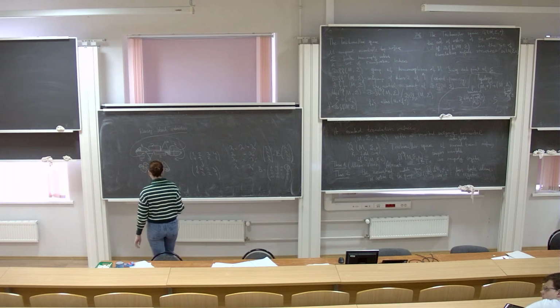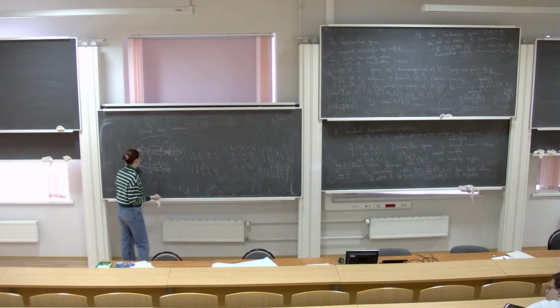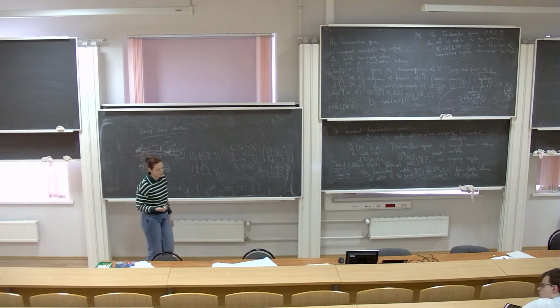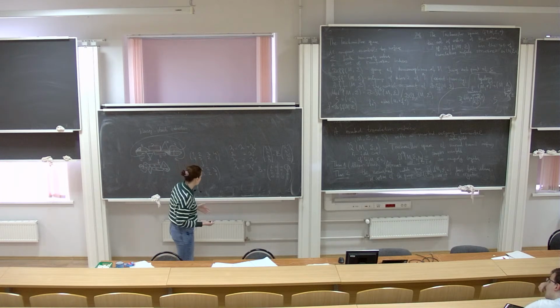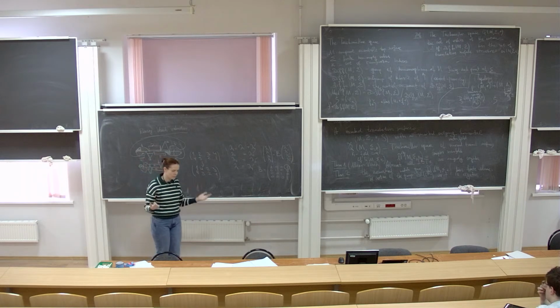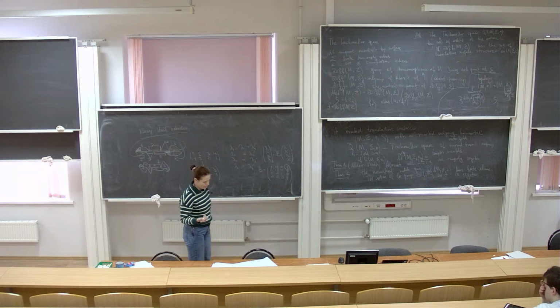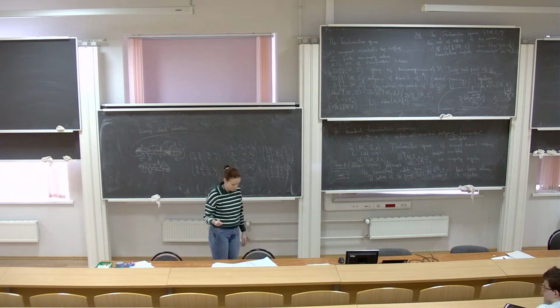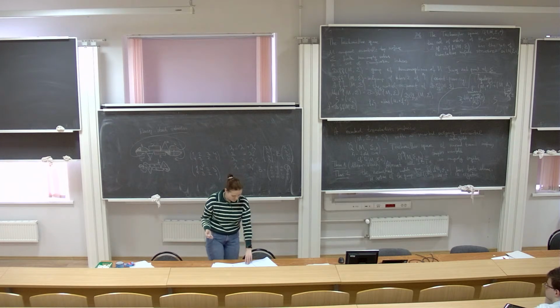Namely, is it true that if you started with some irreducible permutation and you do these procedures, then you necessarily have irreducible permutations as well, that you could not have reducible ones? So it requires some attention from our side, and we have to think about it a little bit.